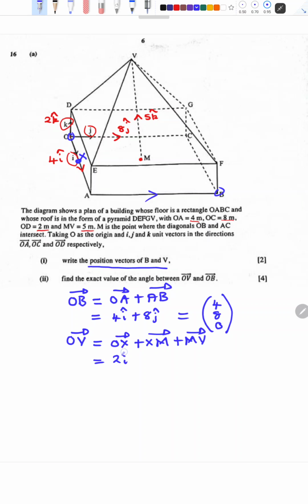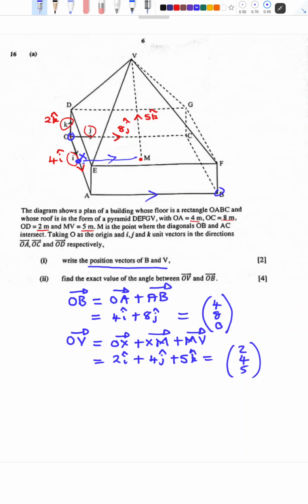So I'm going to write 2i for OX. Then from X to M, it is half of OC. Since OC is 8j, XM is 4j. So plus 4j here, since I'm moving in the same direction. Then from M to V, we have 5k. So you are going to write plus 5k, which can be written as (2, 4, 5). Then you get yourself the first 2 marks.